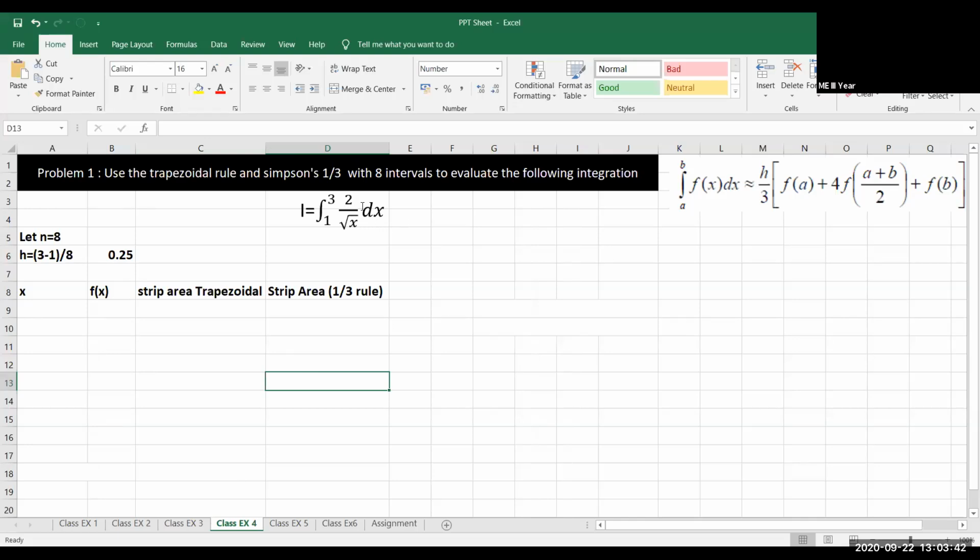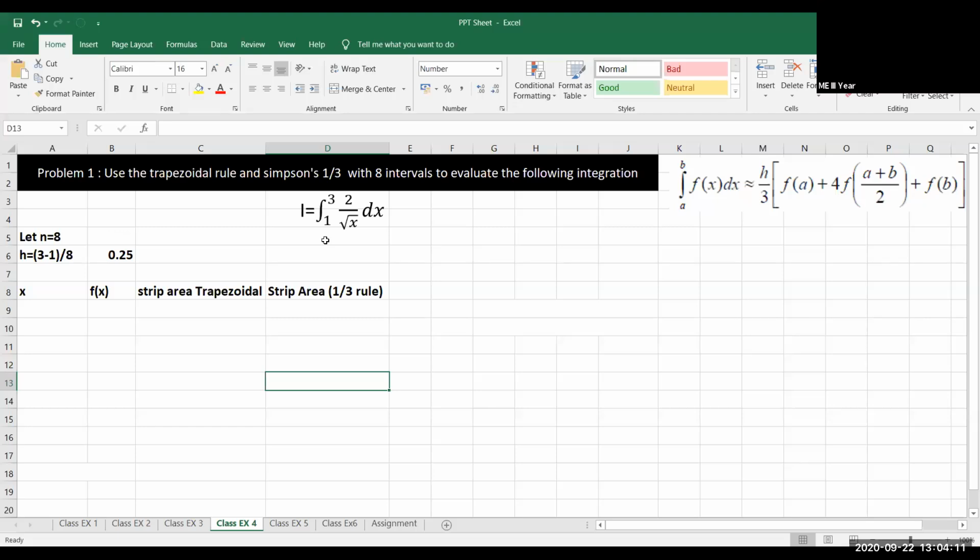What is our function here? Yes, 2 by root x is our function, and our total interval n is given as 8.